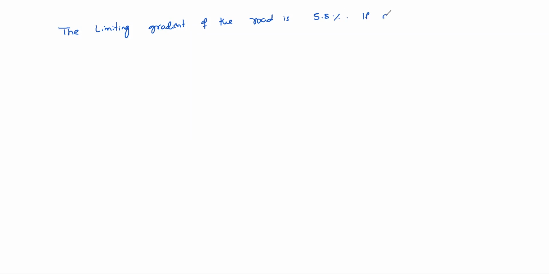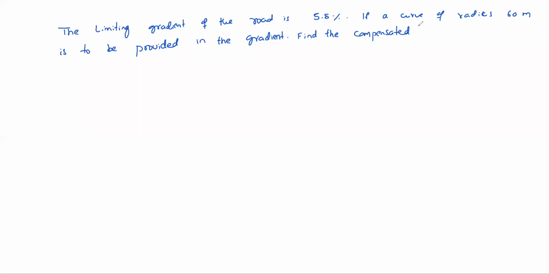If a curve of radius 60 meters is to be provided in the gradient, find the compensated gradient in decimal form.